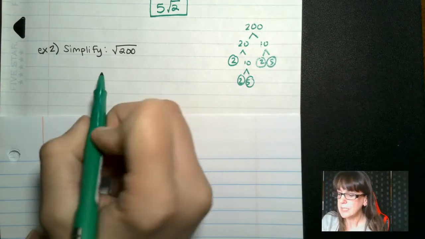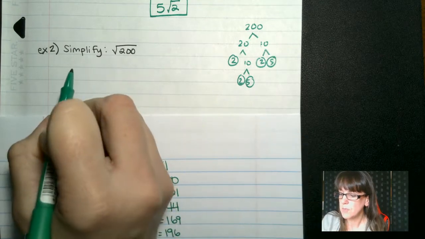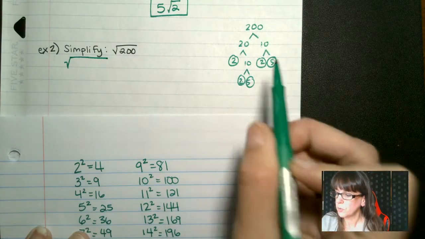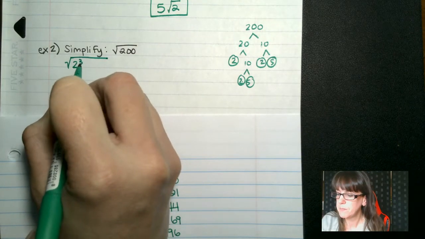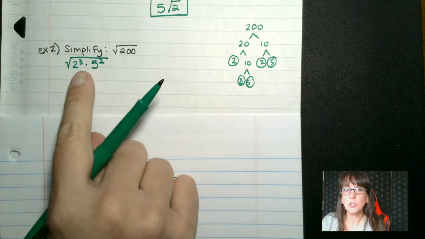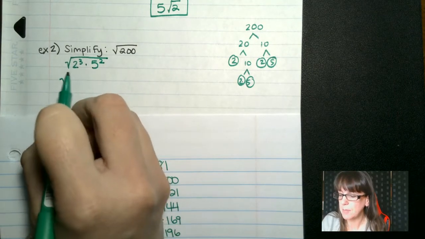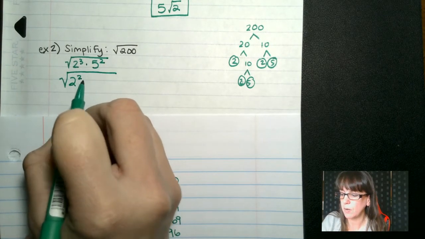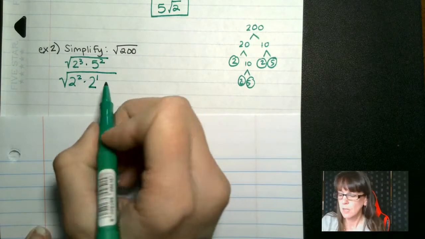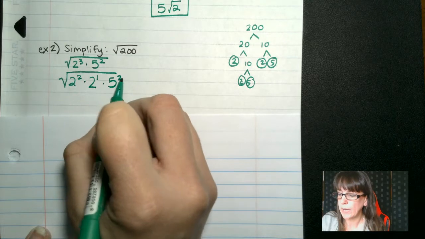So really, root 200 is the same as the square root of 2 to the 3rd power times 5 squared. Now 2 to the 3rd power, remember, is the same as 2 to the 2nd power times 2 to the 1 power. Times 5 squared.